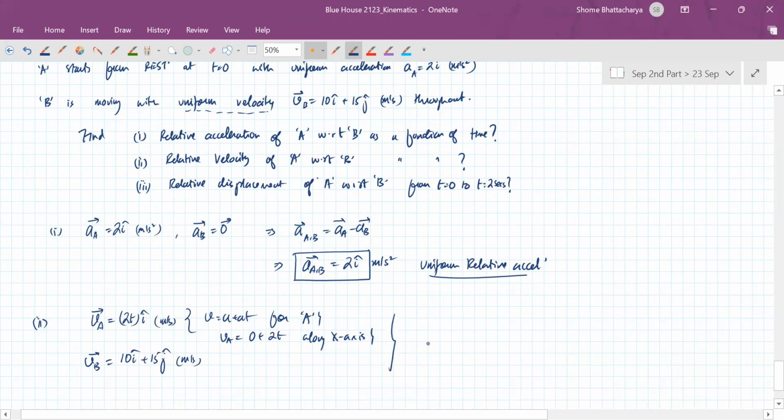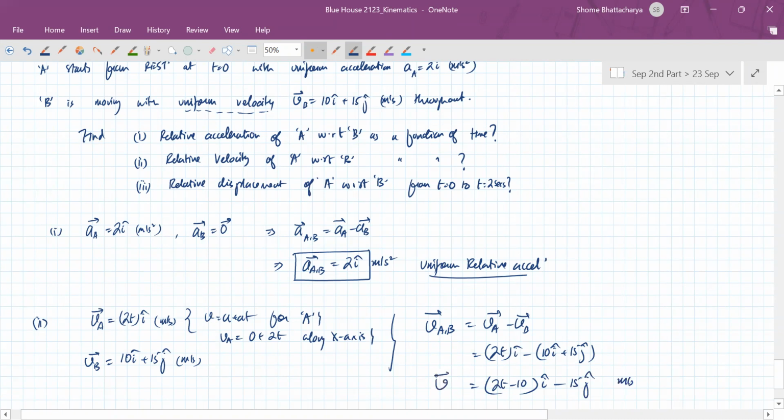Okay. So using this now we can see that the velocity of A with respect to B is at any instant the velocity of A minus the velocity of B, which is uniform. So it is 2t I cap minus of 10 I cap plus 15 J cap. So that will become 2t minus 10 I cap minus 15 J cap in meters per second.